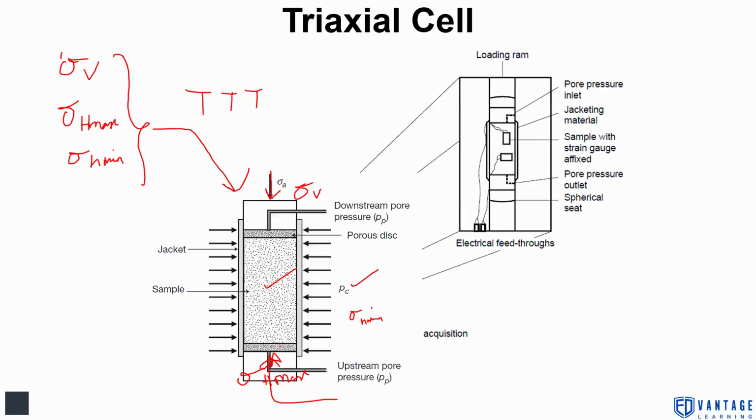This actually honors the thing that's happening in subsurface due to fluid flow. But in conventional triaxial test, what we generally assume is that your sigma V is higher, but your sigma H max is exactly equal to sigma H min. The reason being, we are not giving the second axial stress from the bottom. We are only applying load from the top. That is conventional triaxial test.